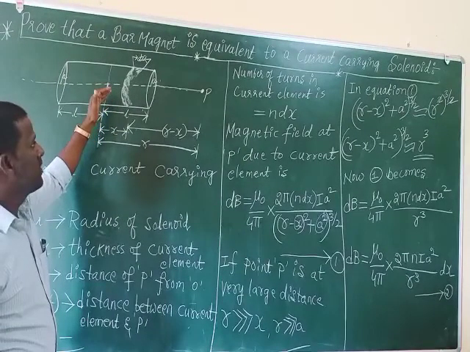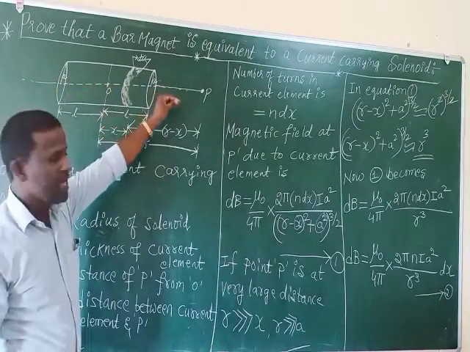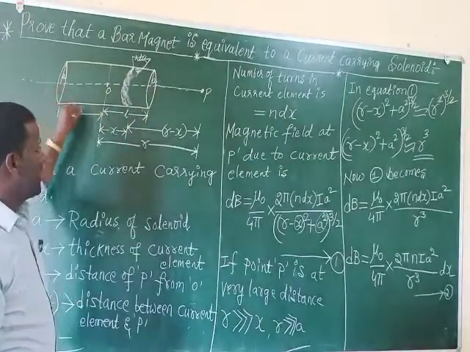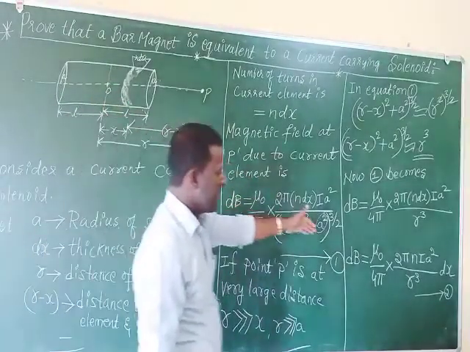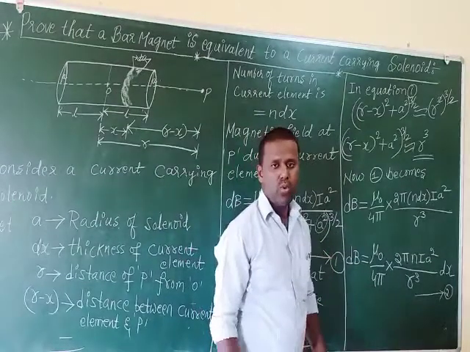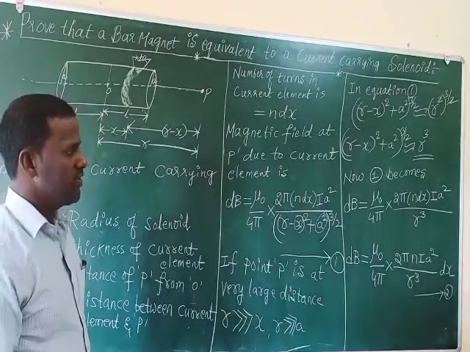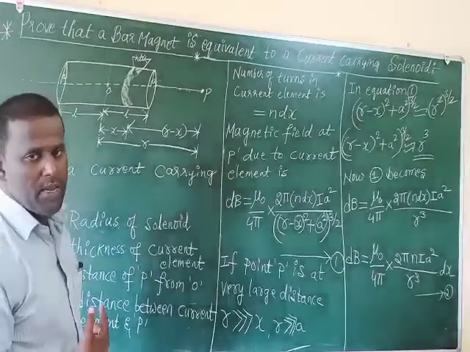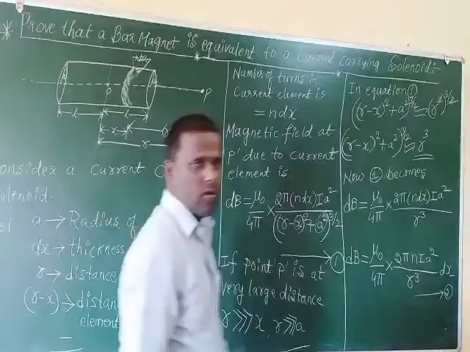Therefore, the total magnetic field at P due to this entire solenoid is given by integrating equation number 2 within the ranges. The range is -l to +l.